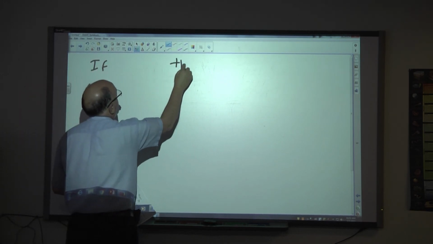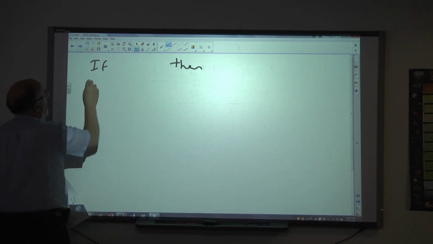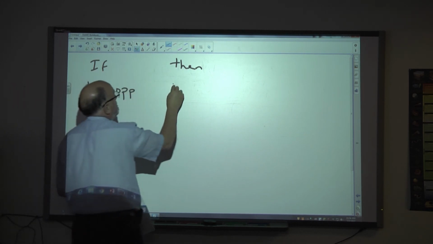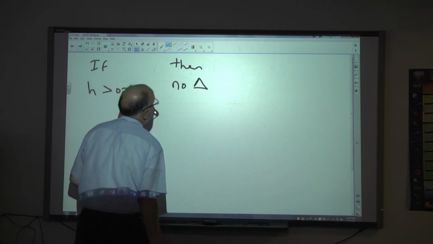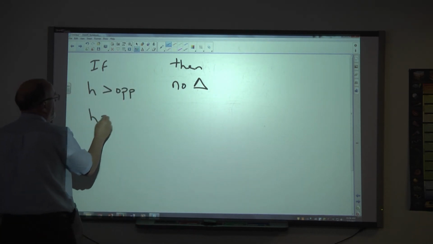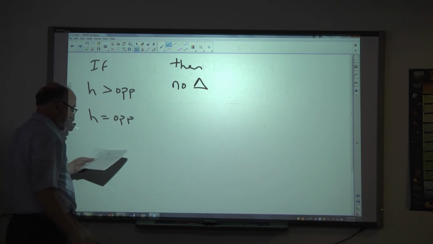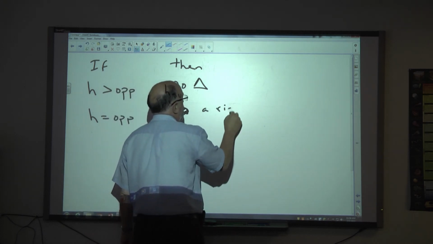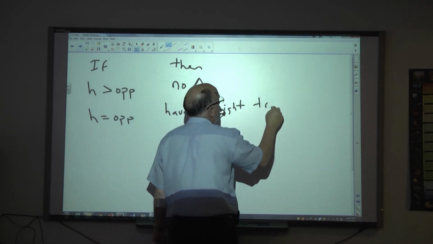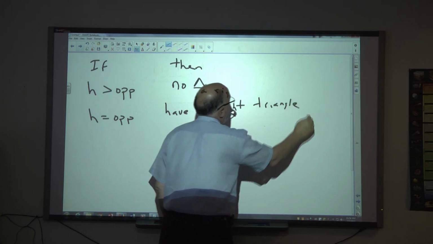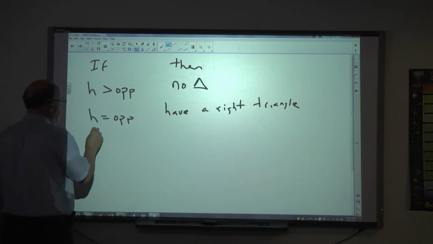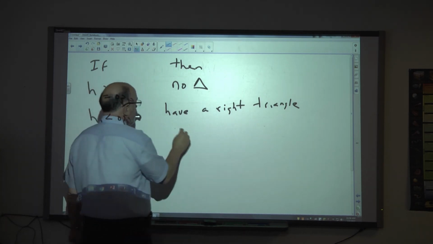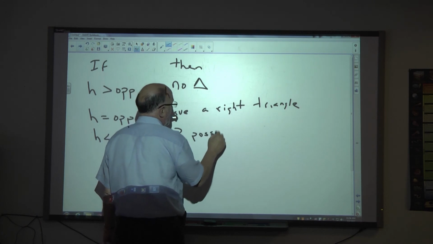So if the height is greater than the opposite side, then there is no triangle possible. If the height is equal to the opposite side, then you have a right triangle. Or lastly, if the height is less than the opposite side, then you have two possible triangles.